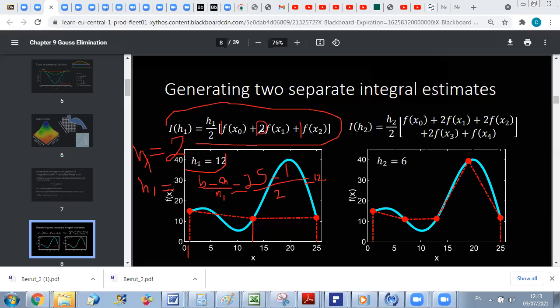So here we have f(x0) plus 2f(x1) plus f(x2), times h1 over 2. We can find a first estimate for our integral.